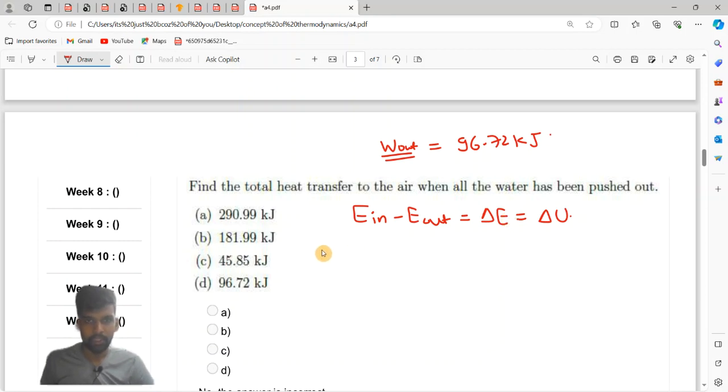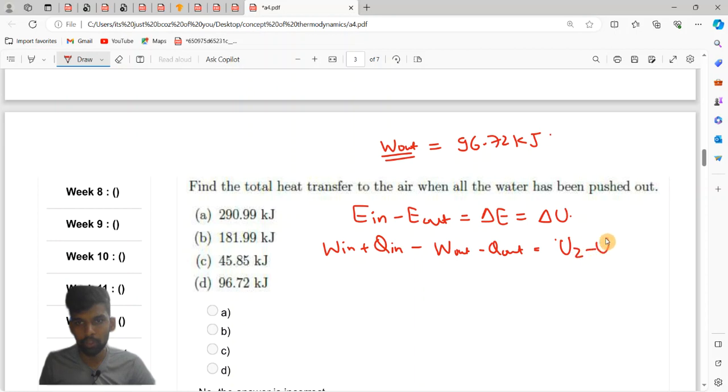And energy can enter in the form of work, or enter in the form of heat, or leave in the form of work, or leave in the form of heat. Okay. So this is equal to delta U, which is nothing but U2 minus U1. Then we are not doing any work on the system. Okay. So it is 0.